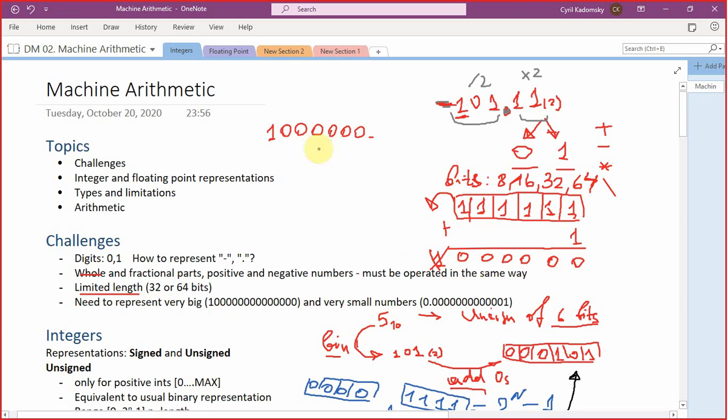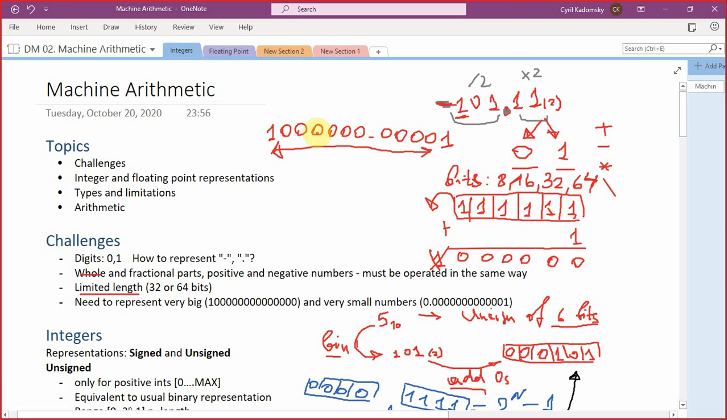Here is the big part, and here is the small part. To store all of this information, we must have a very long representation. And this must somehow be consistent with the limited length of our representation, in which we simply do not have place to store all these zeros in between. But still, somehow we need to store the value of this number.